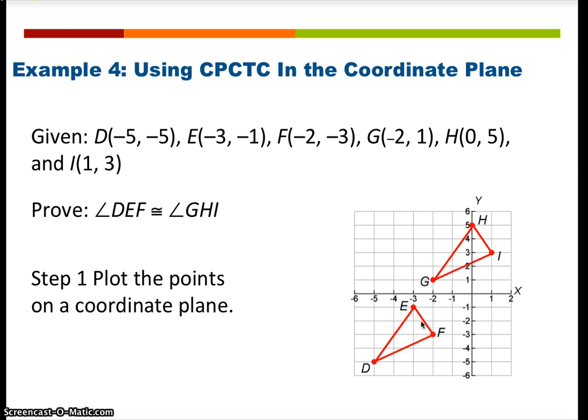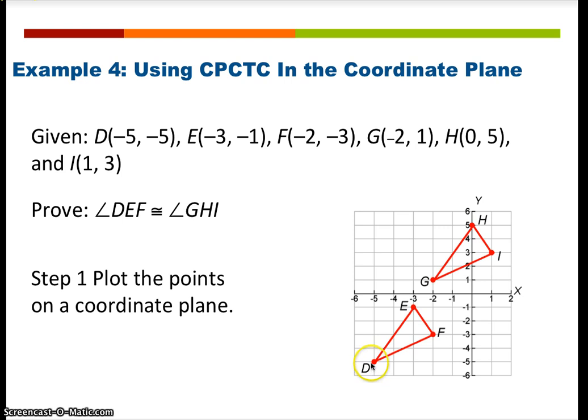Well, the easiest way to prove these triangles are congruent would be, I don't know, what do you think? Is it side, side, side, side, angle, angle, side, angle? Well, I can use my distance formula to find the lengths of the sides. If I use my distance formula and find the length of EF, it should be the same as HI. And then a distance formula again for GH, it should be the same as DE.